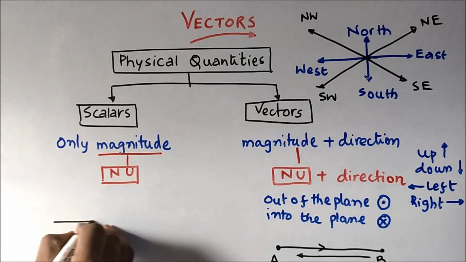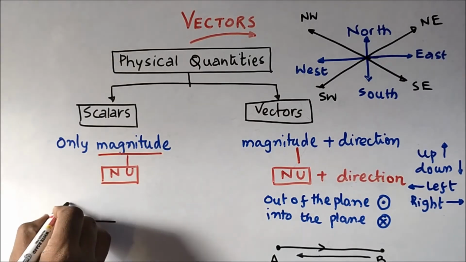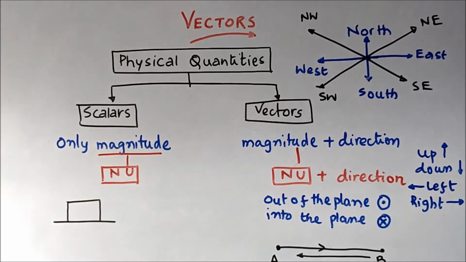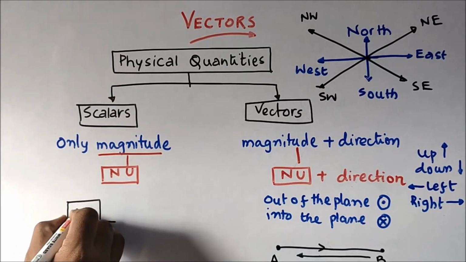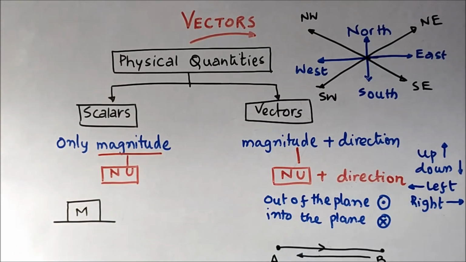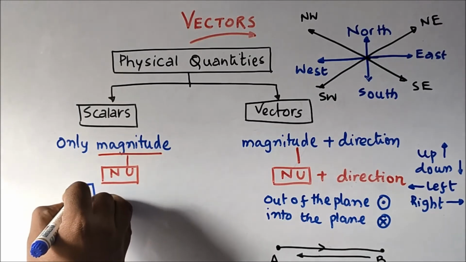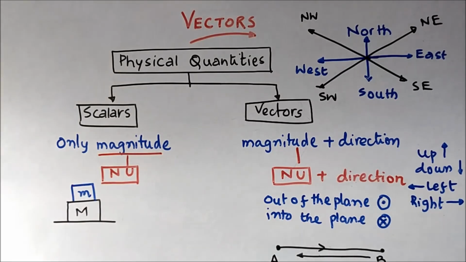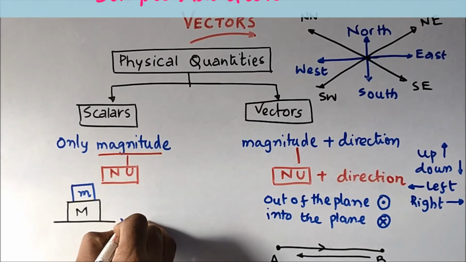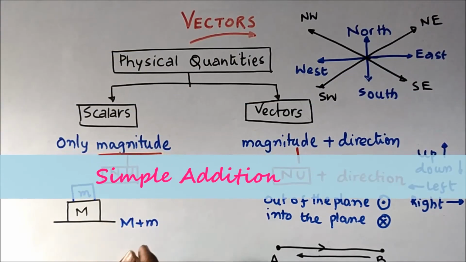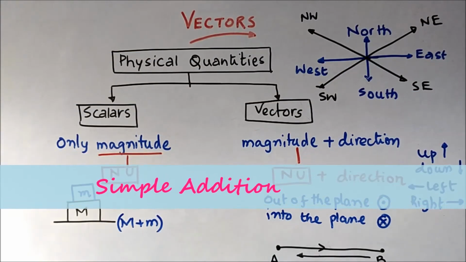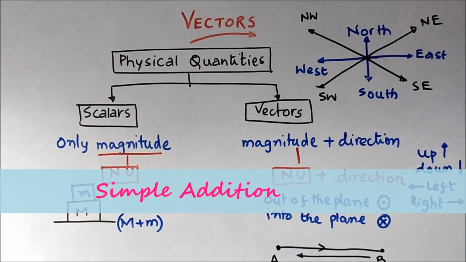Suppose I have a surface and on the surface I have kept a mass m. On this mass m, suppose I have kept another mass small m. So what is the total mass kept on the surface? The total mass is going to be m plus m. That is the basic algebraic addition.